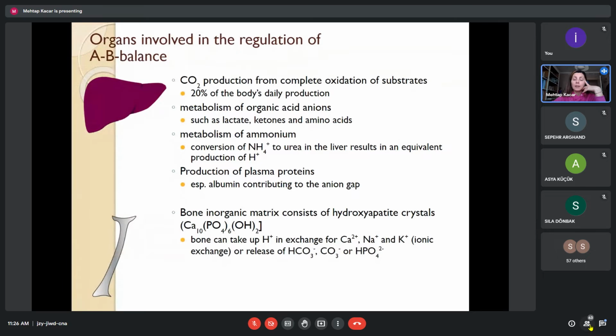Production of plasma proteins also leads to carbon dioxide production and hydrogen ion. Bone inorganic matrix consists of hydroxyapatite crystals, and they are an important buffer system. Bone can take up hydrogen ion in exchange for calcium, sodium, and potassium ion, or release bicarbonate, carbonate, or hydrogen phosphate.